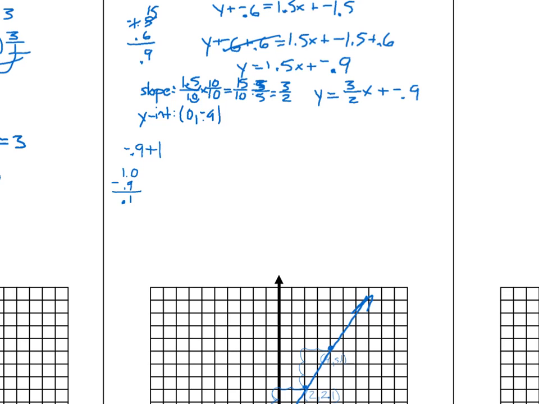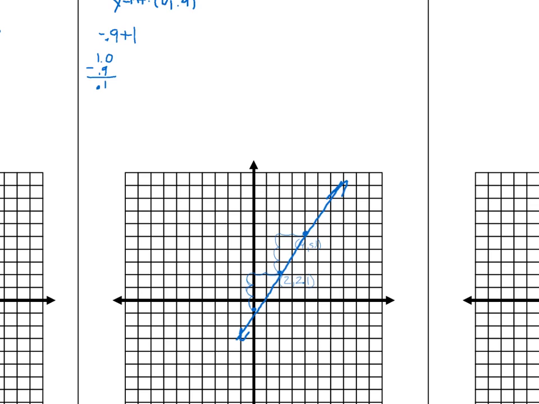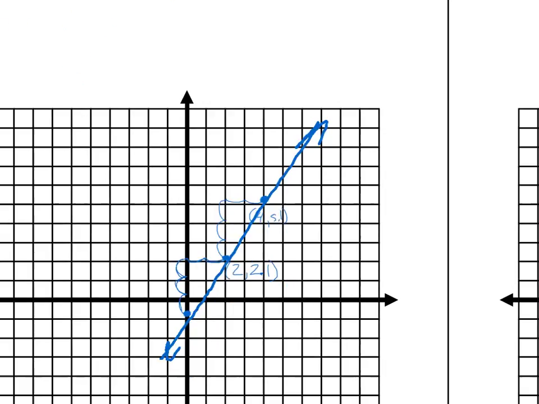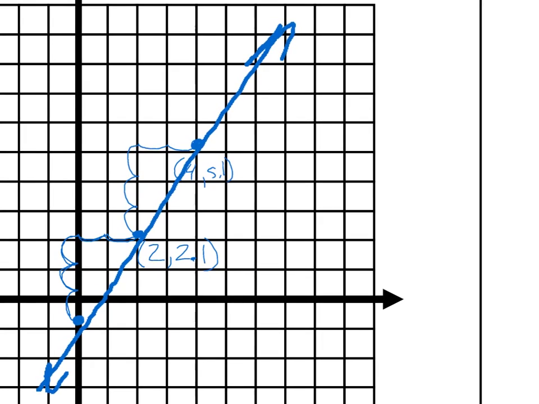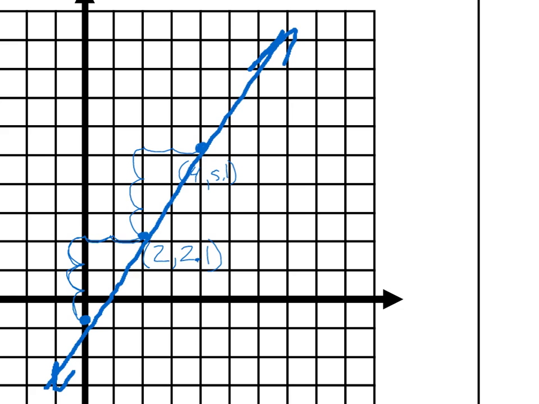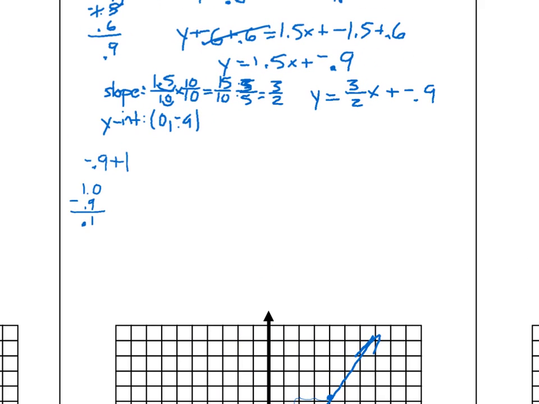Okay, so that would be using the second point. What about that third point? That's the one you said you wanted to use. It's okay, we can use that second point if you want. You just need to choose. Okay, so you want to use 5.1 from the last point. That's totally fine.